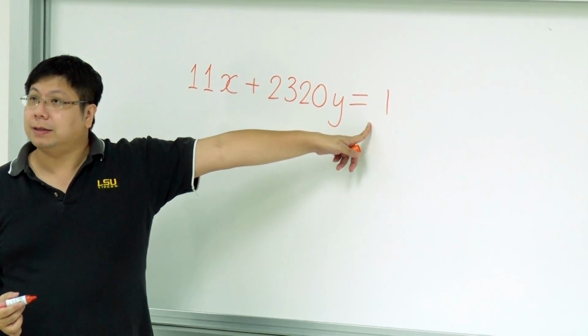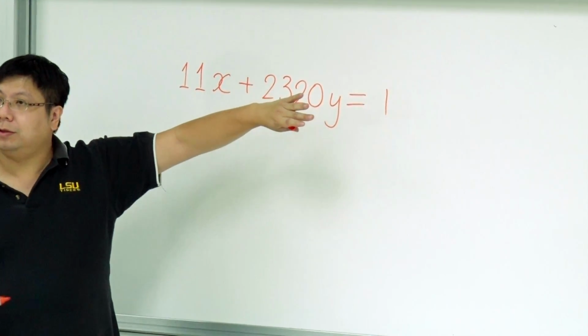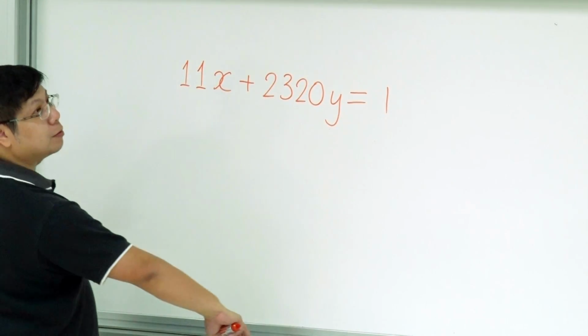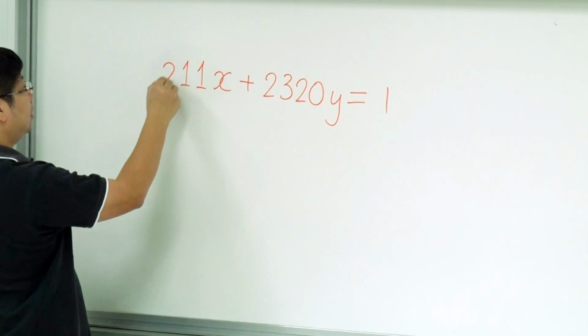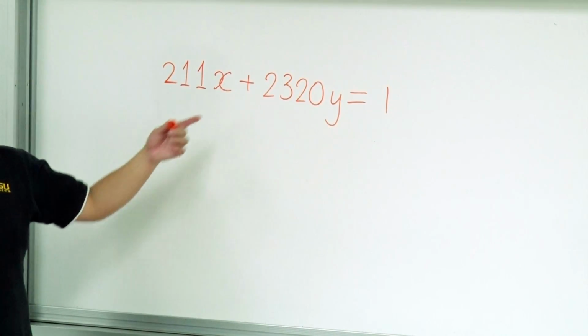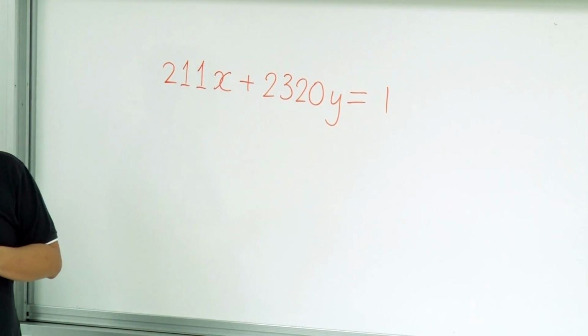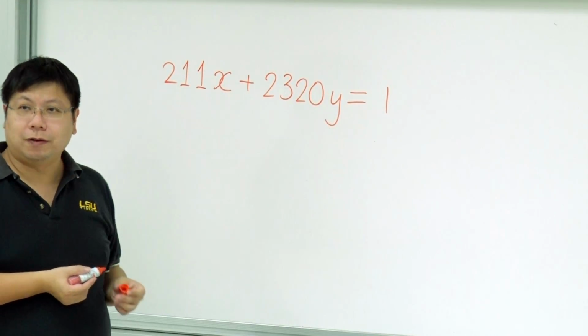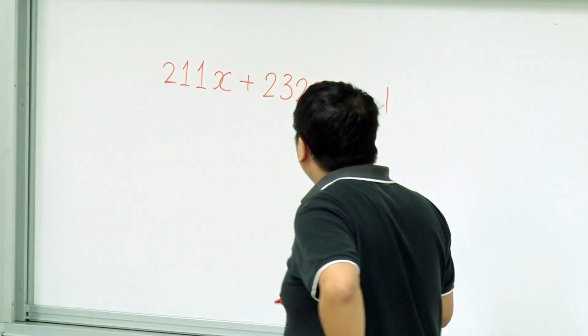If we can find this, then mod 2320, the x value will be the inverse of 211 modulo 2320. This is the GCD of 211 and 2320.